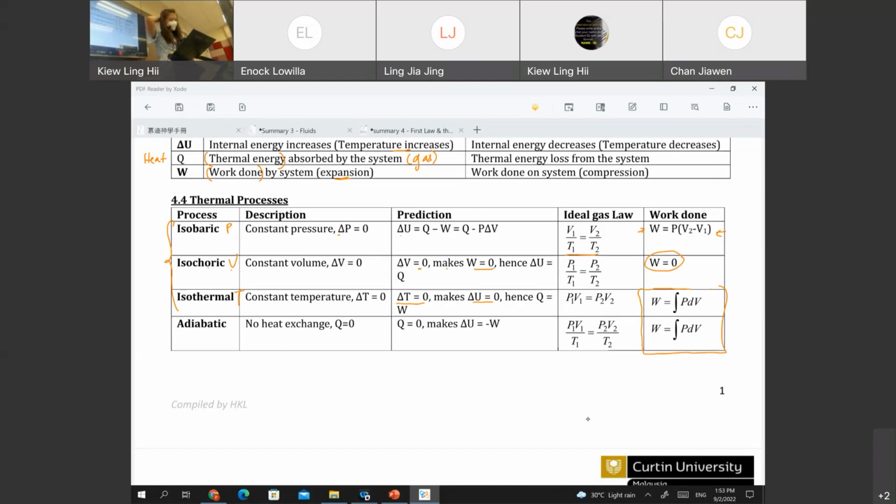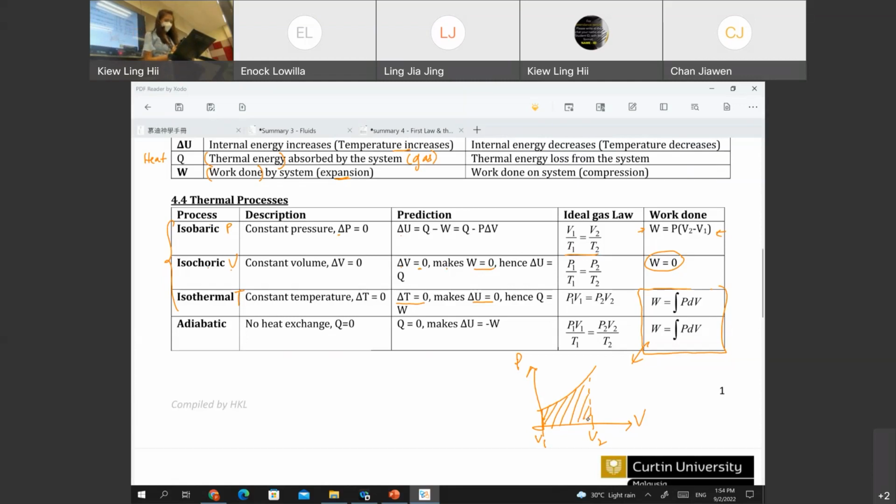You won't be asked to do integration, but based on your knowledge in mathematics, if you have a graph of P versus V, so let's say this is your graph, the integration of P dV from V1 to V2 actually also means the area under the graph, am I right?